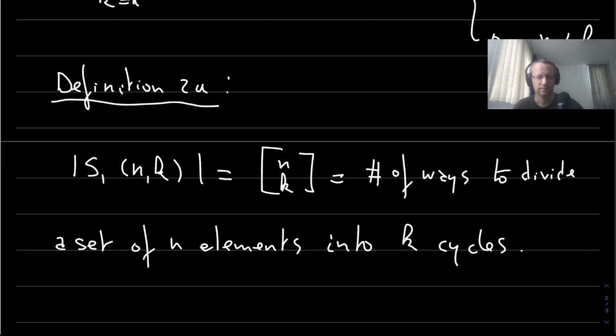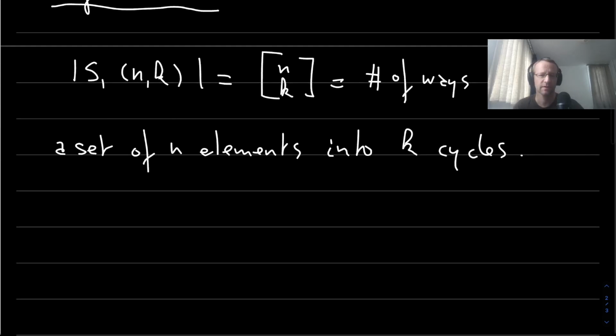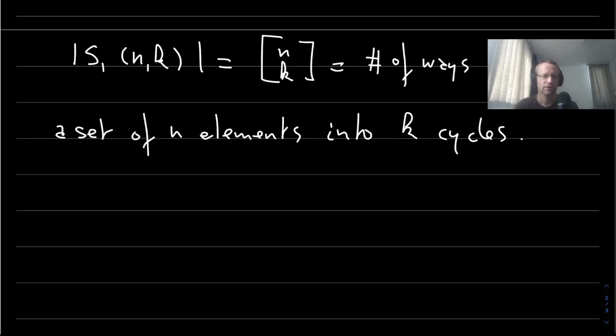By a cycle, we mean an ordered list of these elements, but the cyclic order doesn't matter. So for instance, if we have element 1, element 2, element 3, this cycle would be the same as element 3, element 1, element 2. These we count as the same.